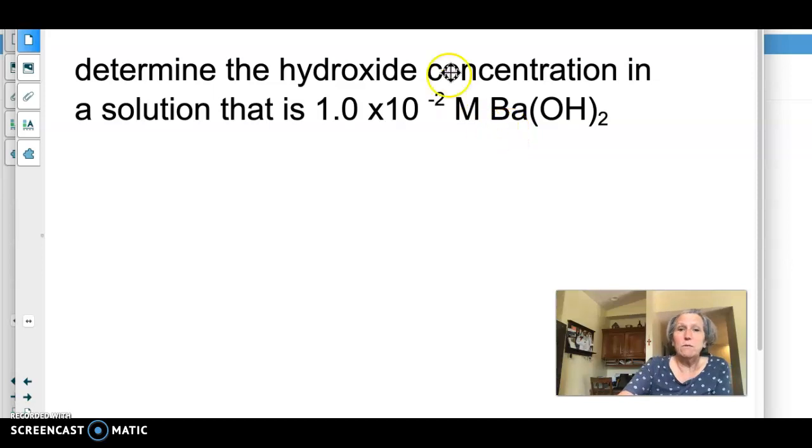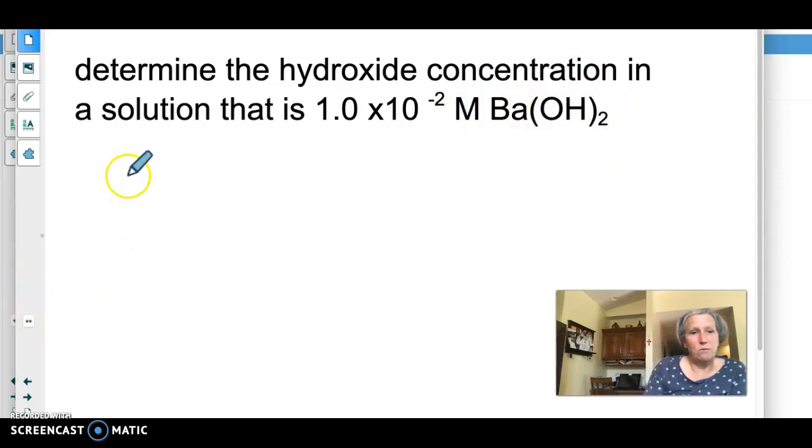If we're going to do a problem that says determine the hydroxide ion concentration in a solution that is 1.0 times 10 to the negative 2 molar barium hydroxide, what I want you guys to consider is that you want to write the dissociation equation for this, because this has a little bit of an issue here for us.